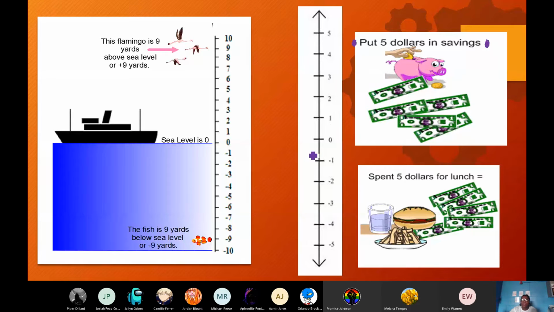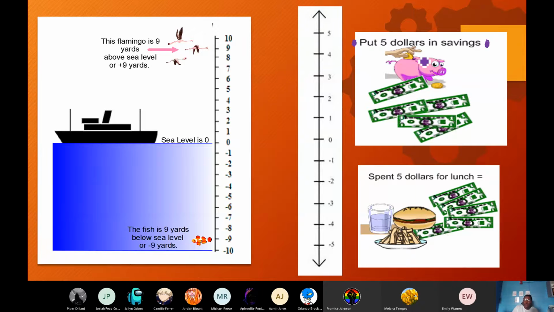Promise, could you unmute yourself and read that sentence to us that Miss Neville's put the purple dots beside? It says put $5 in savings. Very good. So if we're putting $5 in savings, does that mean I don't have $5 or I'm adding $5 to my account? Adding $5.